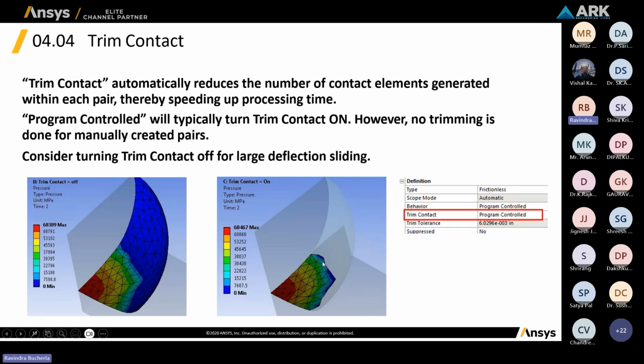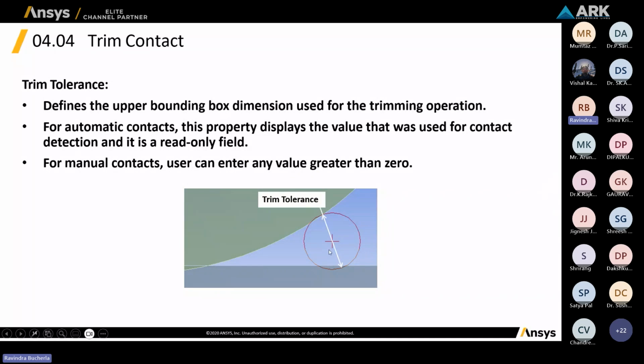It will reduce the simulation time, and you can give the tolerance as well, up to what distance. This surface and this surface are not in contact with each other. Even if you select this surface, that will be trimmed and not considered for the calculation. You can allow up to some tolerance, and you can remove the unnecessary elements.